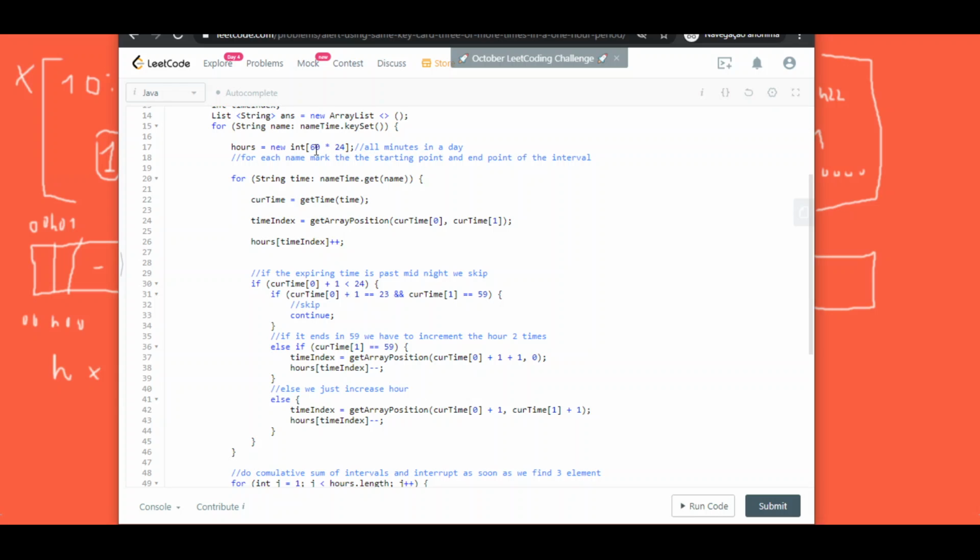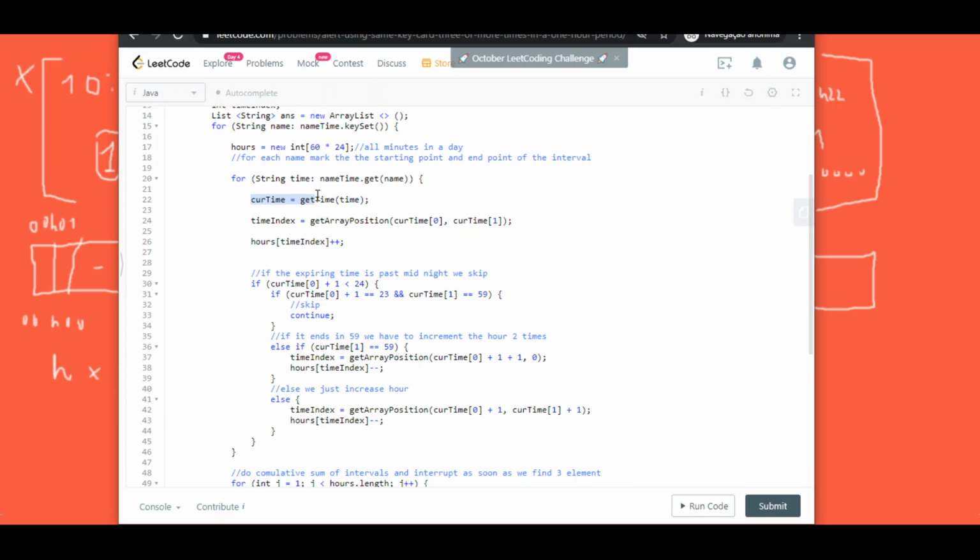Then the second step is for each user we will create that array with all the minutes of the day, and we will mark the time in the given array for each user.